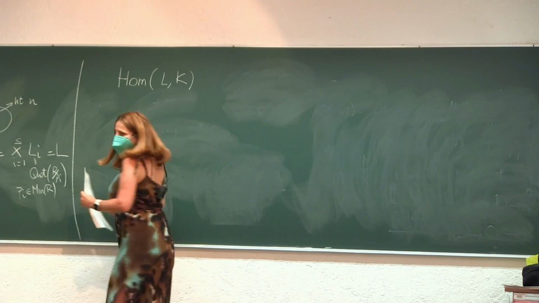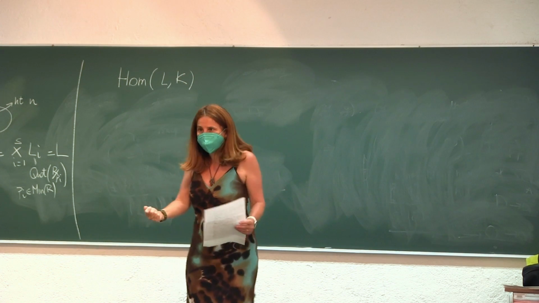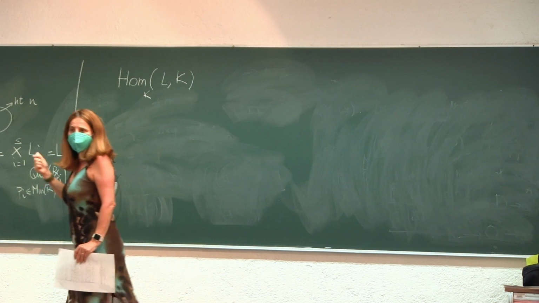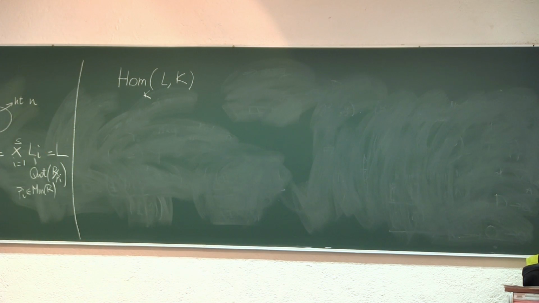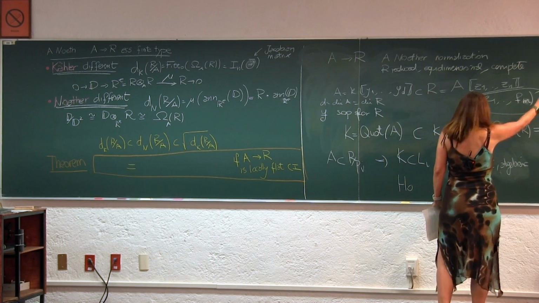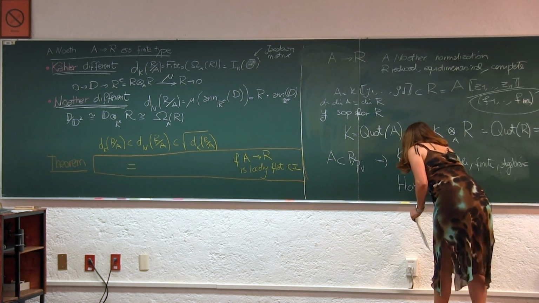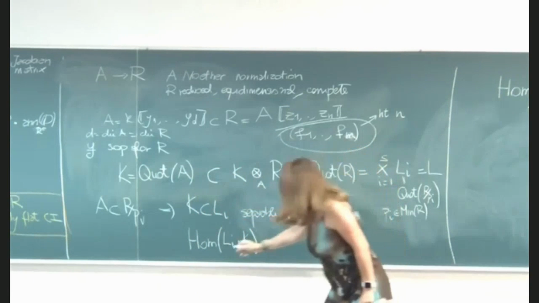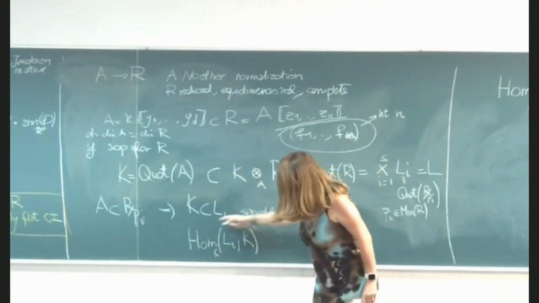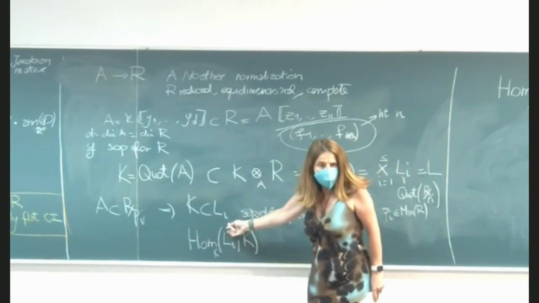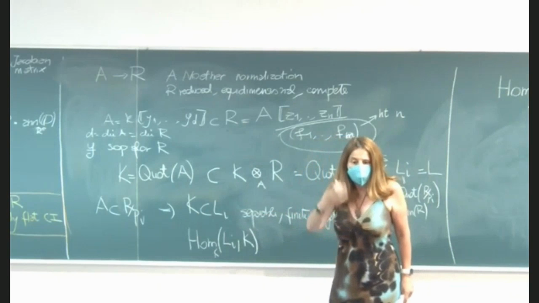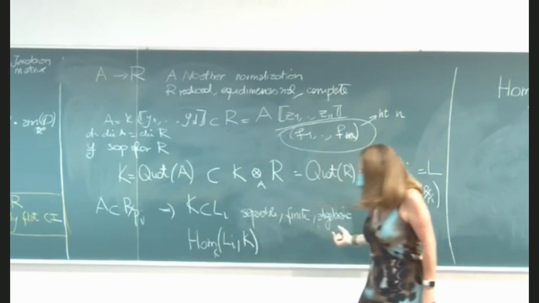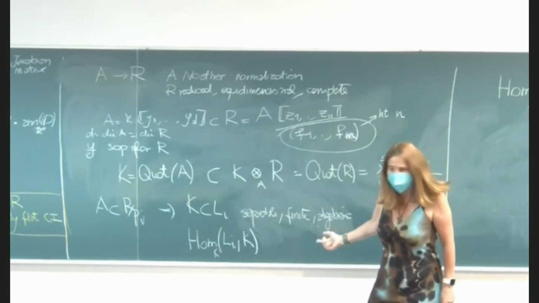Now, why do I do all this? I do all this because I need to consider the homomorphisms of L over K, and I want to see what these homomorphisms are. First, since L is just the product of the Li, I consider the homomorphisms of the Li against K. And these are much easier.